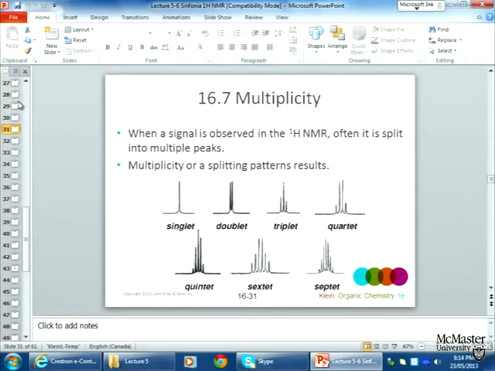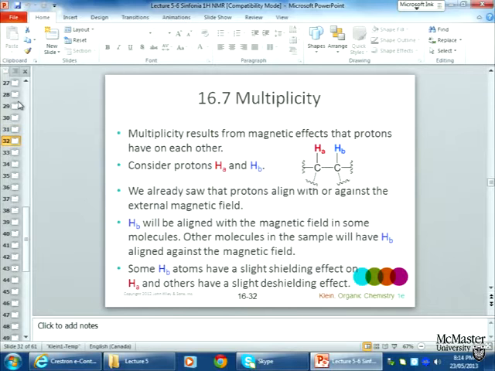We call that a doublet, triplet, quartet, quintet, sextet, septet, and so on. Okay, and we can get into very complicated splitting patterns, but these are the basic set of patterns, and these result from coupling to an appropriate number of equivalent neighboring hydrogens.